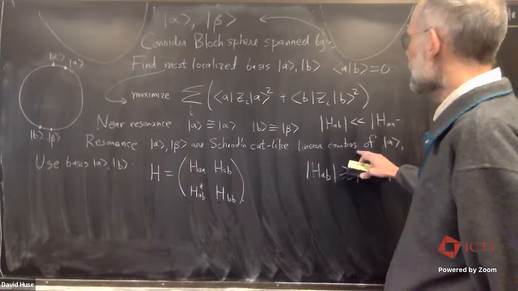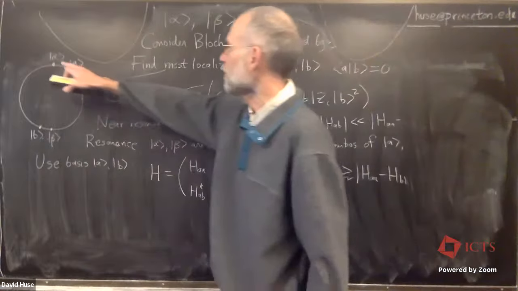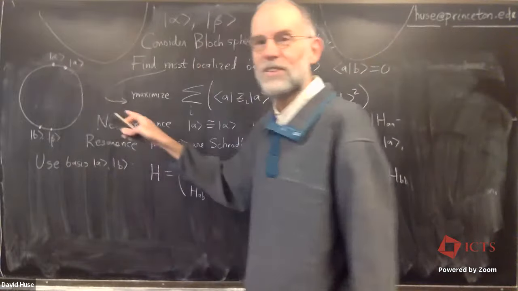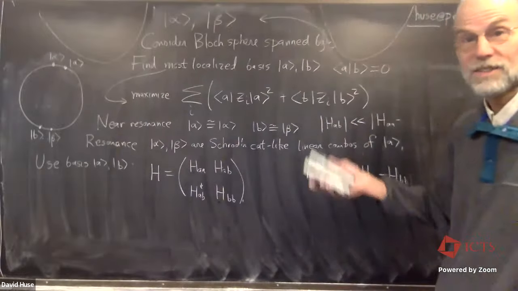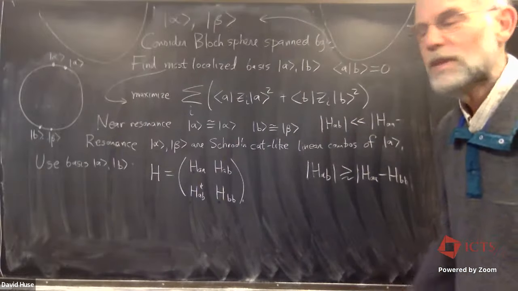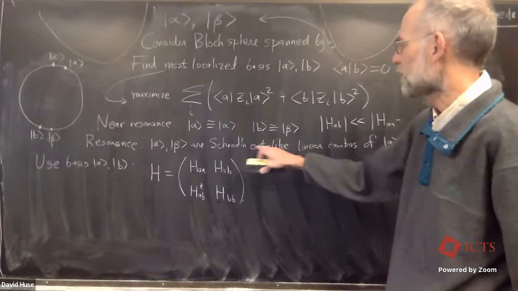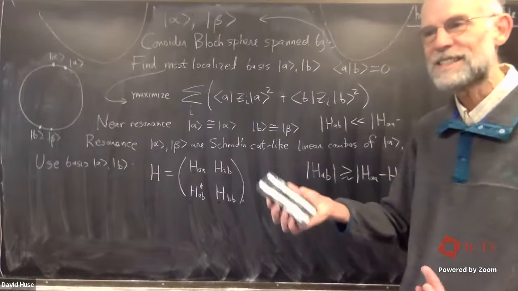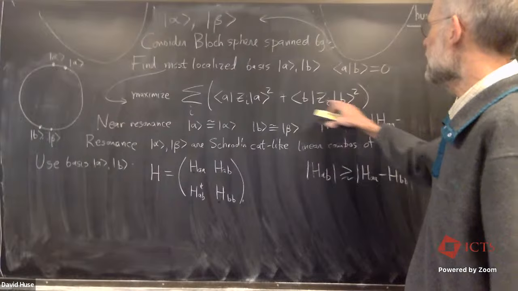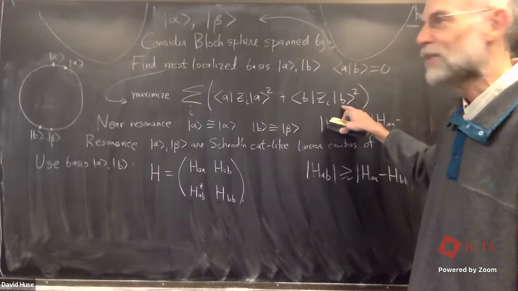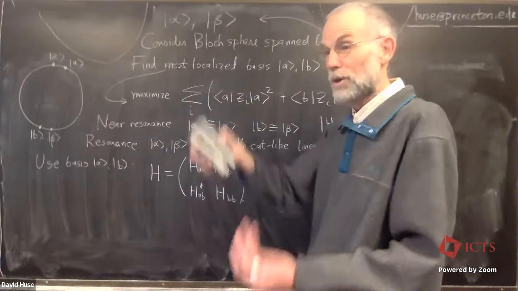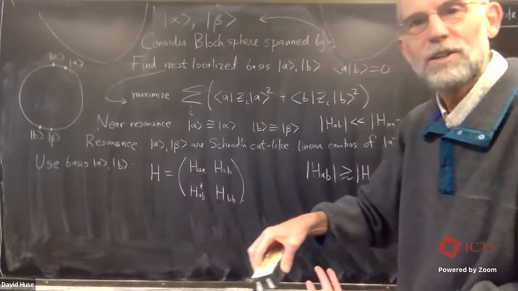Now, when it's a resonance, going from alpha to A, you actually increase it quite a bit because you make it significantly more localized. By removing the Schrodinger cat state, which means some of the spins in A are up and in B they're down, and in alpha they're both up and down, so the expectation value is small.